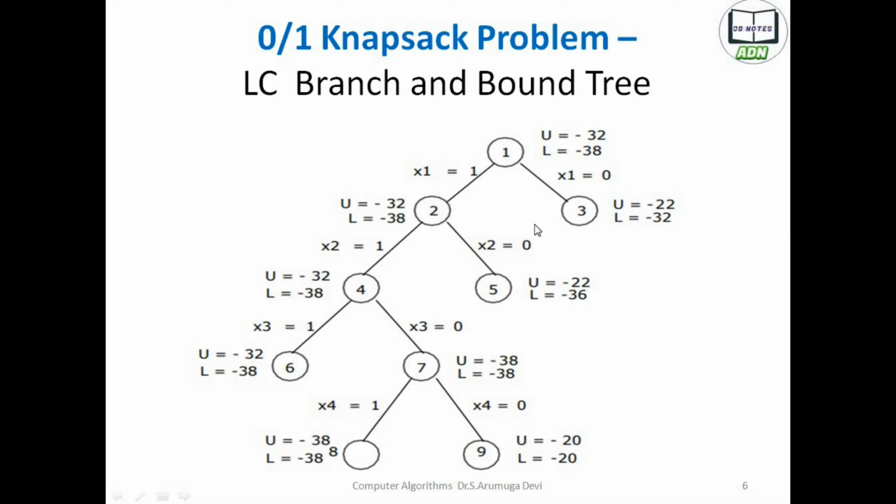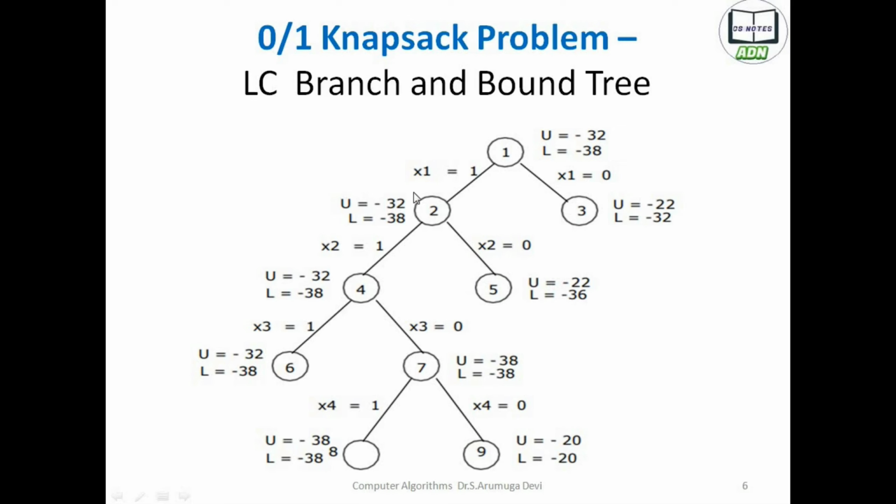For example, x1 = 1 and x1 = 0 mean the bag is filled with item 1, or you drop the first item. x2 = 1 means item 2 is taken, and x2 = 0 means item 2 is not taken. In this way the choices are made, and the possible solutions are shown by this state space tree.